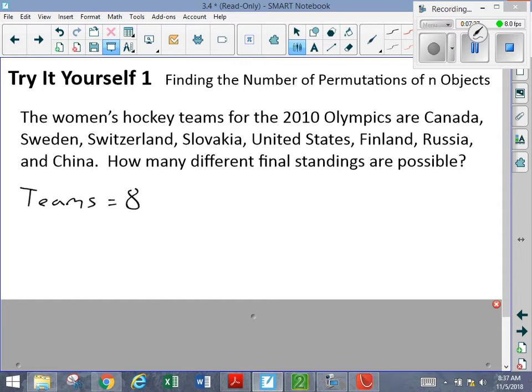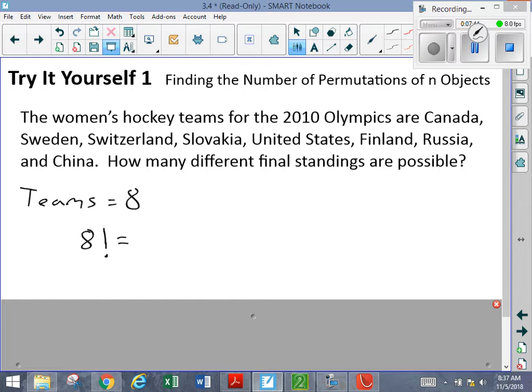So how many different final standings are there? In other words, how many different ways can we arrange 8 things? If you're being asked that, you're being asked to define what is 8 factorial.